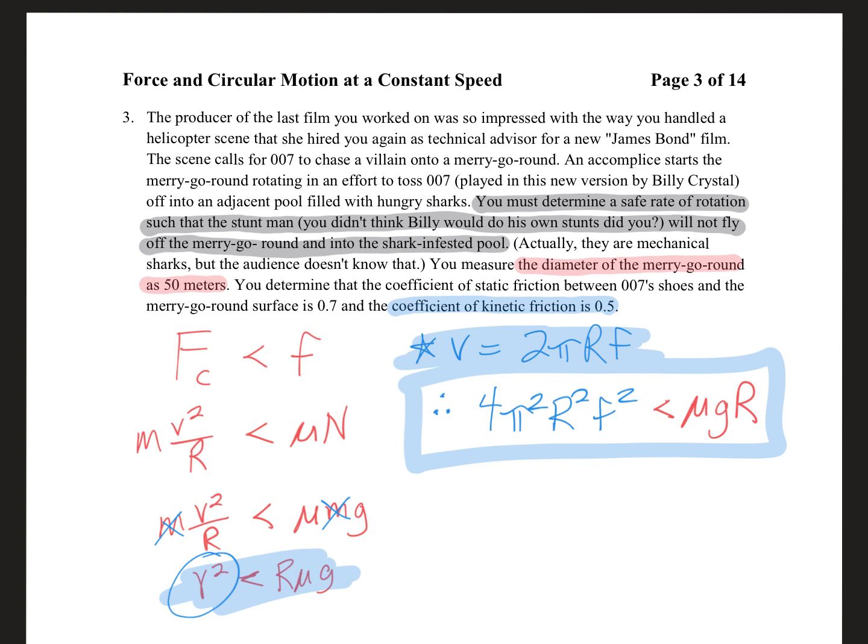Roundy, how do I not get thrown off the merry-go-roundy? Either I hold on really, really tight, I'm glued to it, or the friction interaction, meaning my feet on the surface, Daniel Craig's feet on the surface, whoever this is, Billy Crystal, etc. That interaction, which you've also studied in your notes and whatnot, is bigger than the force that's pushing it off.